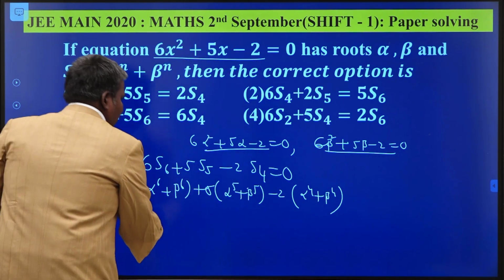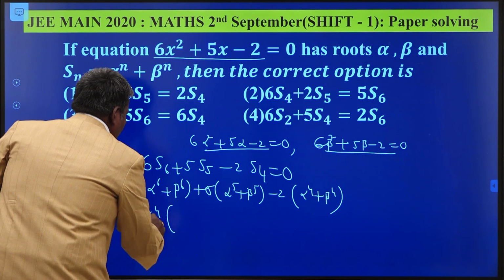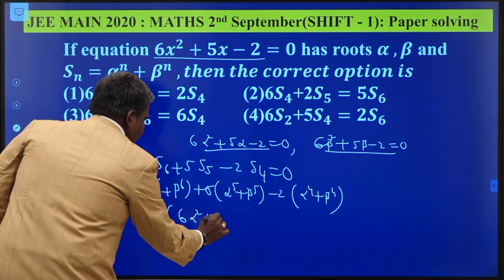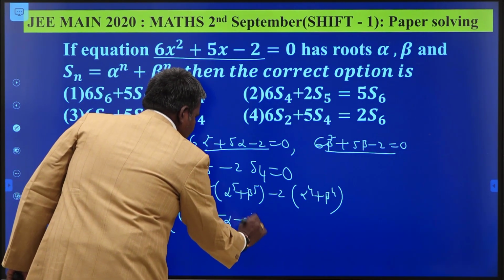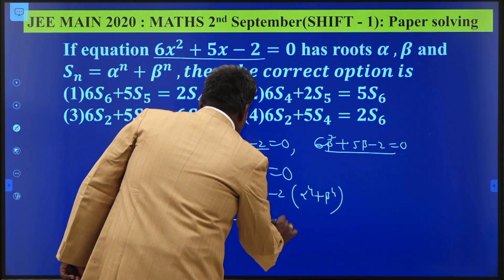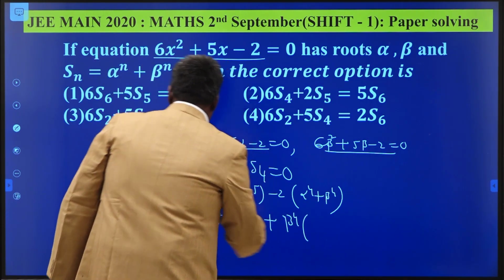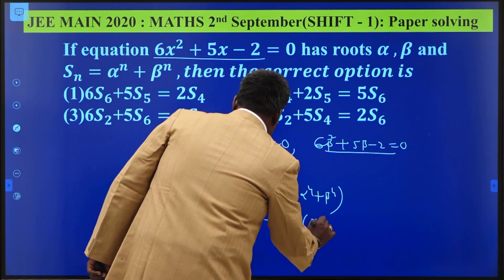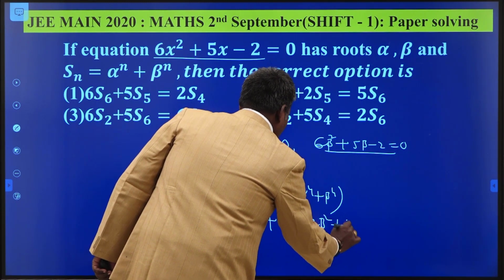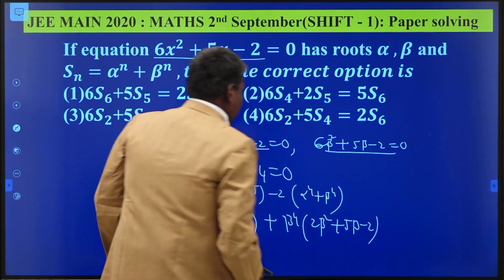So alpha power 4 may be taken common. We obtain alpha power 4 times of 6 alpha square plus 5 alpha minus 2 plus beta power 4 times of 6 beta square plus 5 beta minus 2. Am I correct or not?